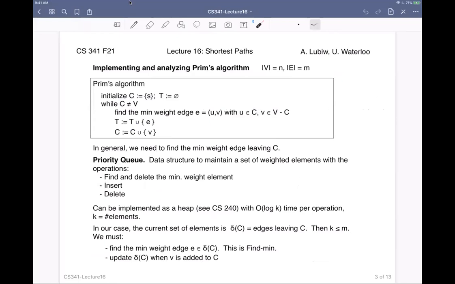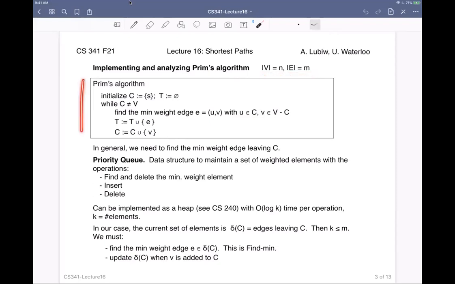Okay, so let's move on and talk about how we would implement Prim's algorithm and analyze the runtime. Again, we are doing this on a word RAM model, where we're assuming that each weight fits in one word, and we can add them up and compare them and so on, doing basic arithmetic at unit cost per arithmetic step. We analyze things in terms of the number of vertices and the number of edges.